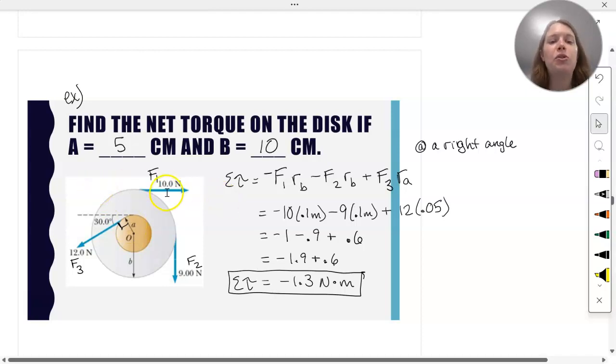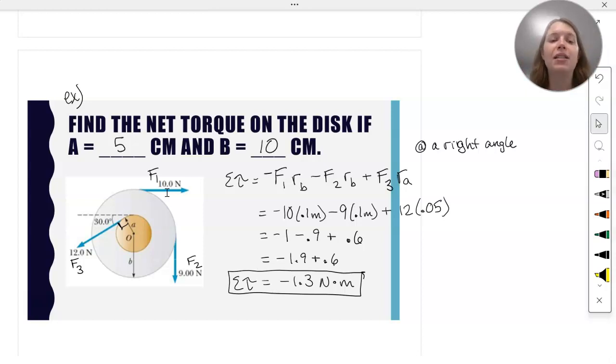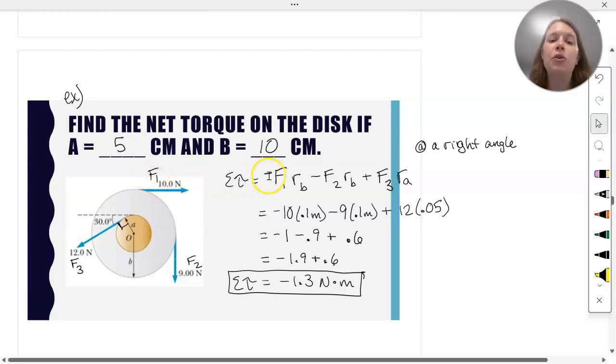What we'll do is just remember that torques that turn it in the counterclockwise direction, we're going to define as positive. So this 10 Newton torque we would call negative: negative 10 newtons times the radius there, which I asked a random number from the class, and we got 10 centimeters, so that would be 0.1 meters. Then we add the torque from the next force, 9 newtons times the 0.1 meters.